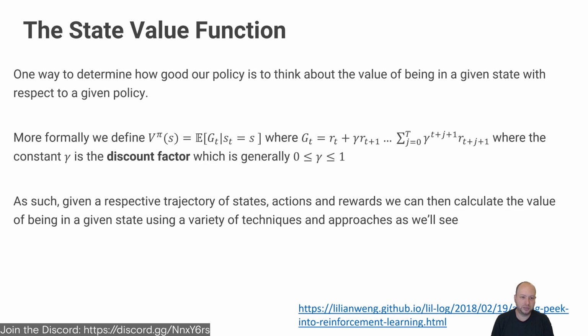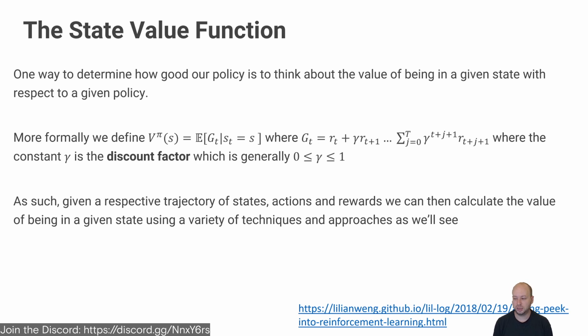One way is what's called the state value function. We can define the value of being in a particular state. Formally, the value function under a particular policy pi of being in a state S is equivalent to the expected value of the return G_t, given that the state S_t that we've taken is S. G_t, the return, is defined as the sum of discounted rewards over the horizon of our trajectories.